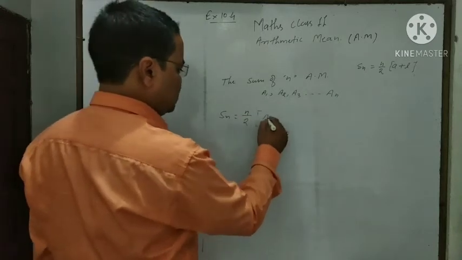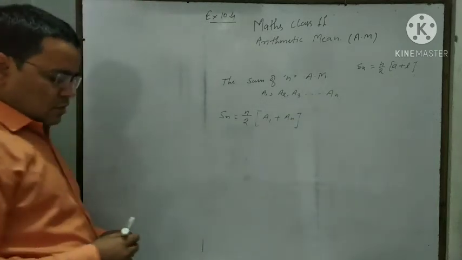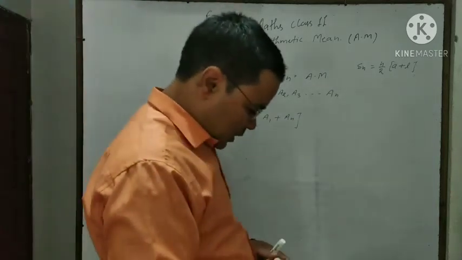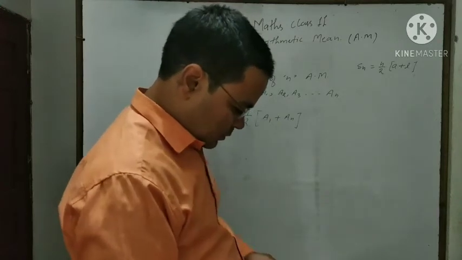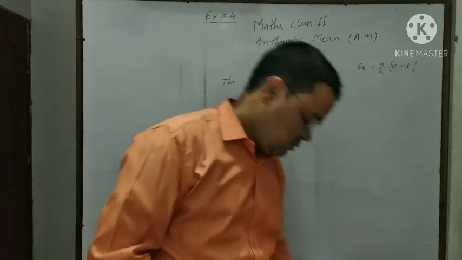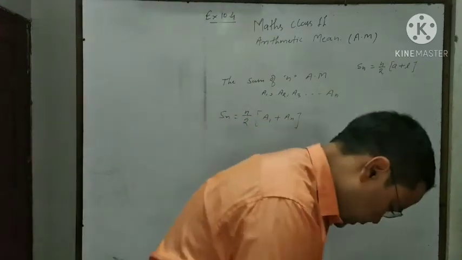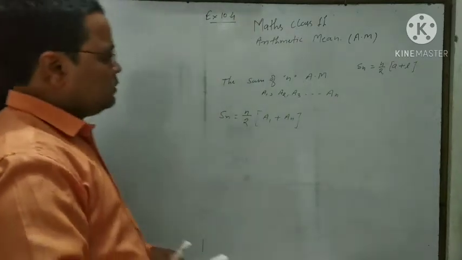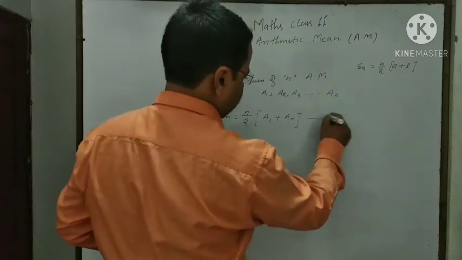The first term is A1 and the last term is An. Then how do we find the first term? Let this be equation first.